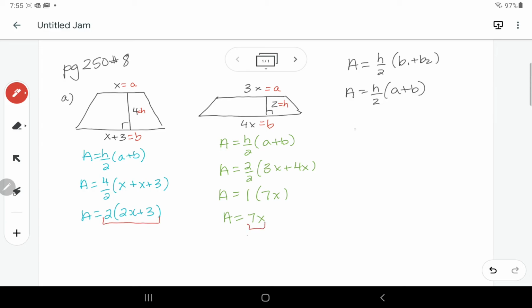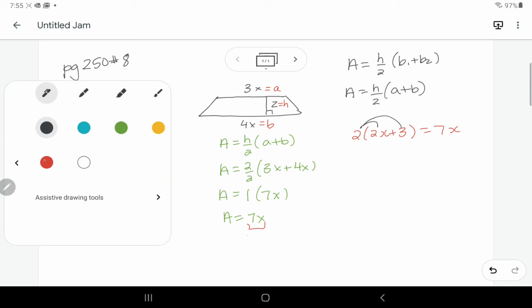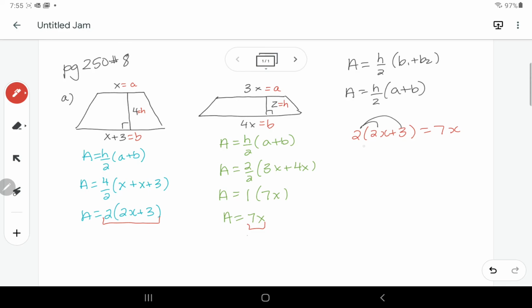So I'll do that over here. So 2 times 2x plus 3 equals 7x. Now I need to multiply into the brackets. So I would get 4x plus 6 equals 7x.